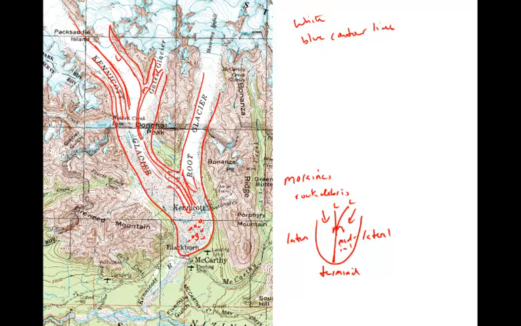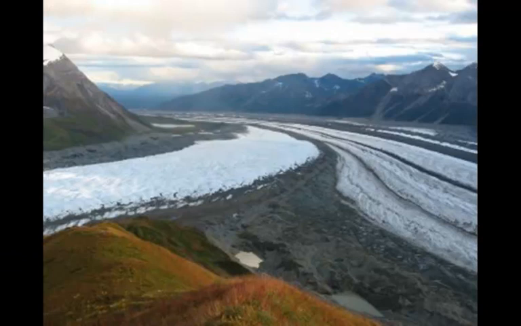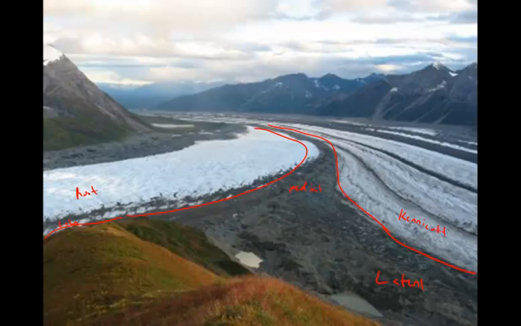The next slide shows a photo taken approximately here, looking south at the terminus area of the Kennecott and Root Glaciers. What do we see in this photo? We see prominent lateral moraines coalescing to form one large medial moraine where the Root Glacier is tributary to the Kennecott Glacier.